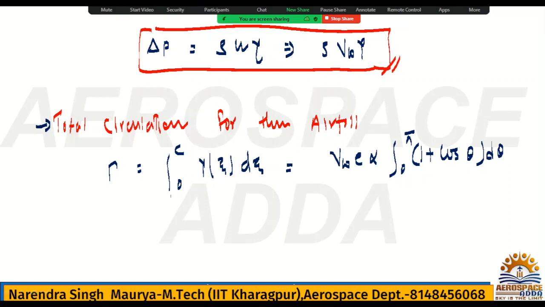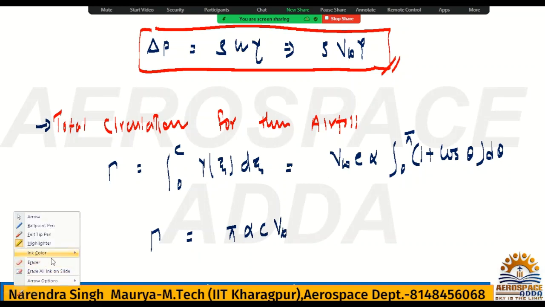If you solve the integral from 0 to pi of 1 plus cos theta d theta, it's simple integration, and you get pi alpha c times V infinity. So this is the total circulation for the thin airfoil.